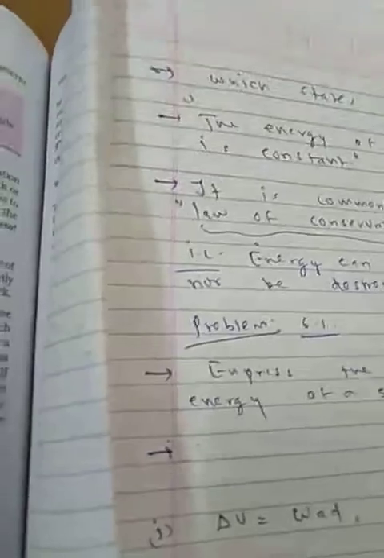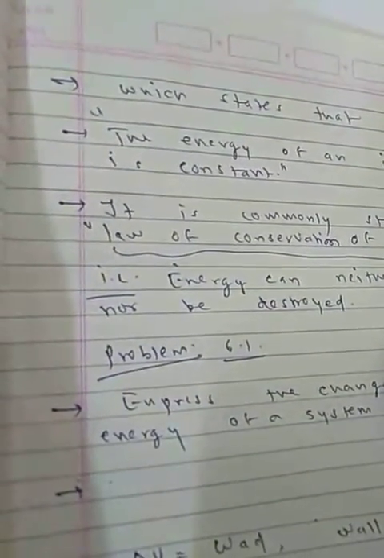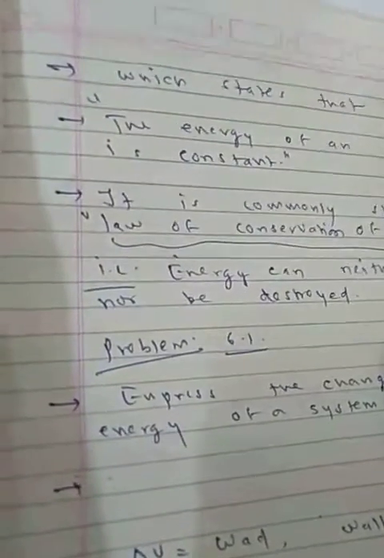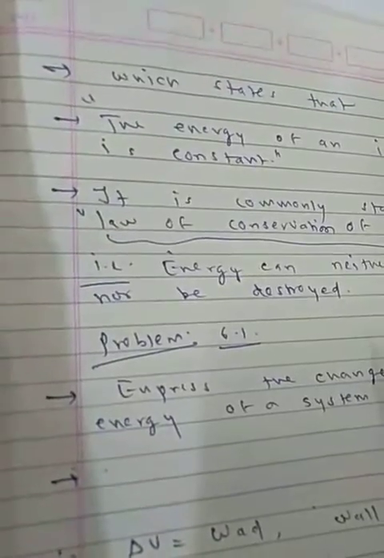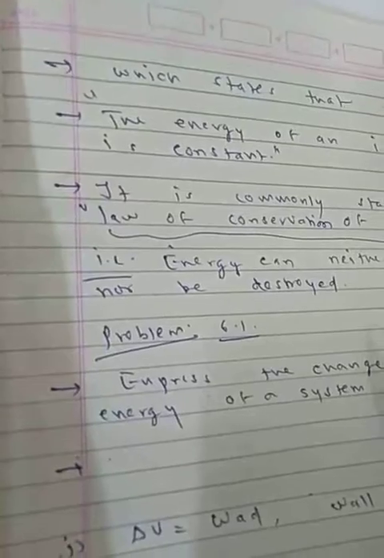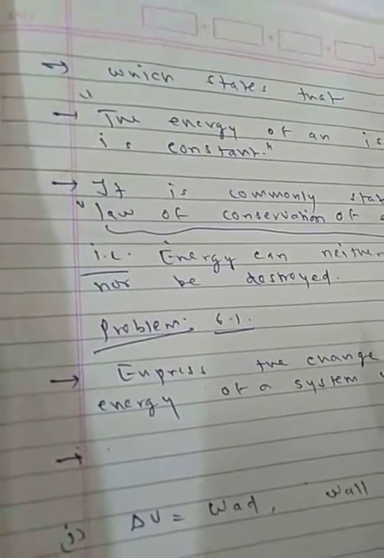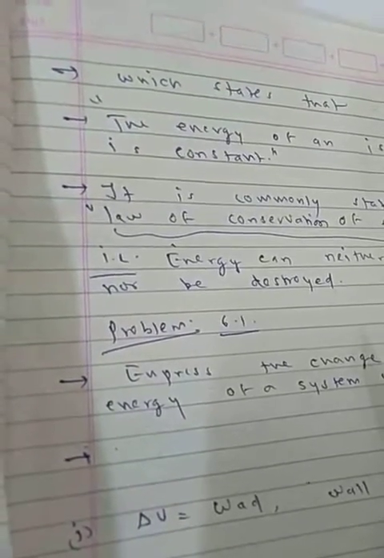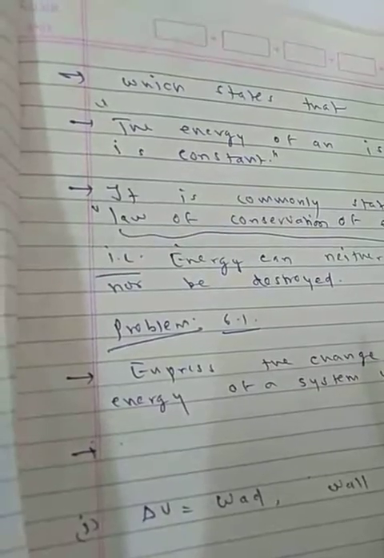So in the general case I taught you delta U is equal to Q plus W. Now you can note down some points: there is a considerable difference between the character of the thermodynamic property energy and that of a mechanical property such as volume. We can specify an absolute value for the volume of a system in a particular state, but not the absolute value of the internal energy. However, we can measure only the change in internal energy, that is delta U of the system.